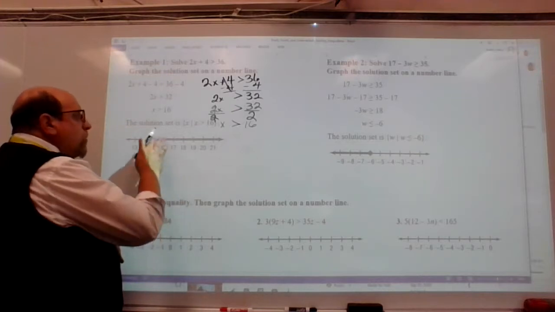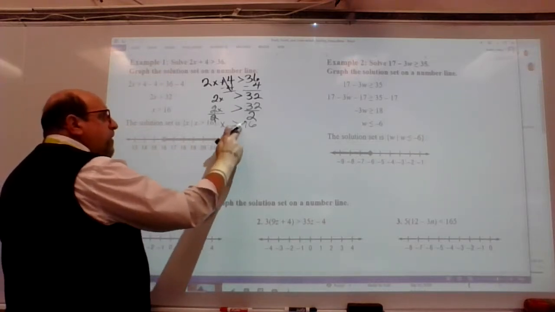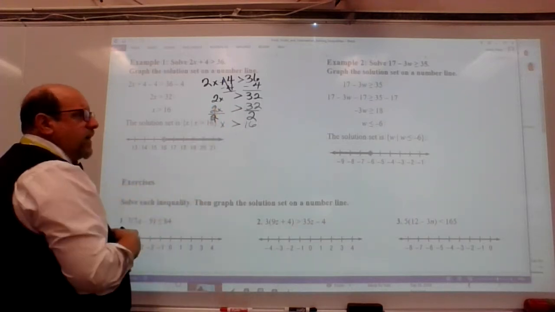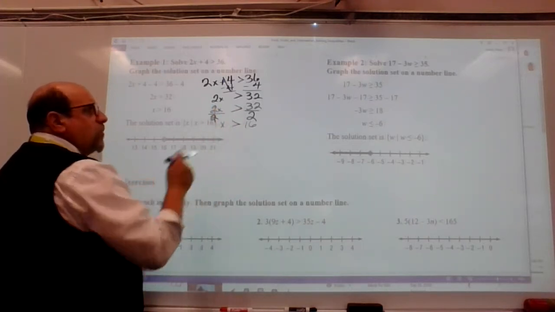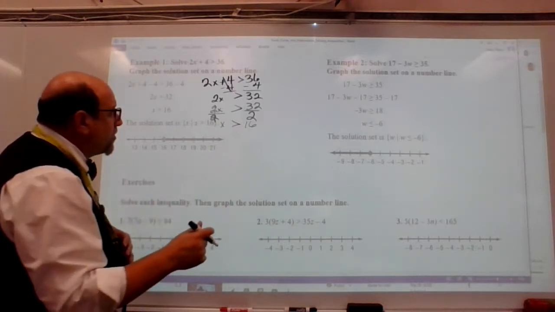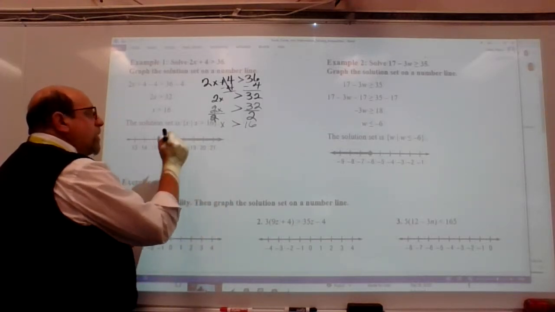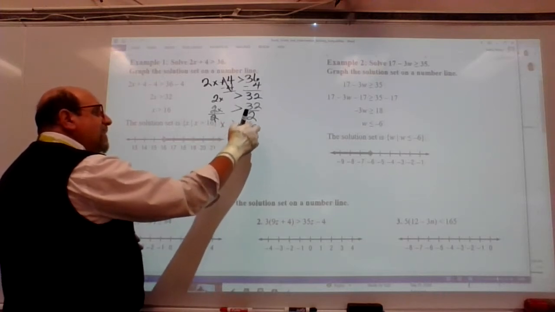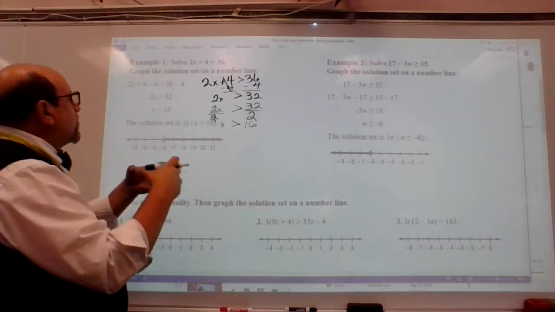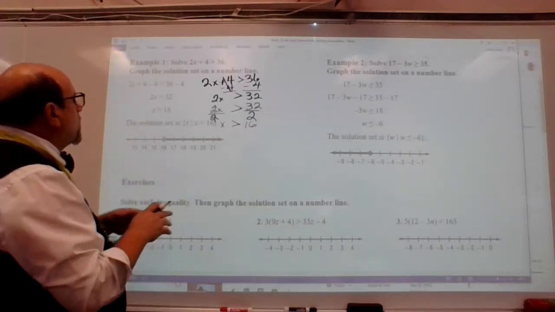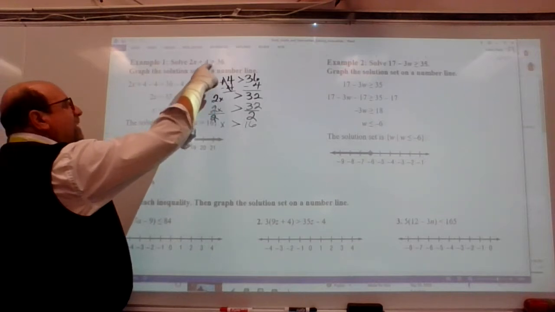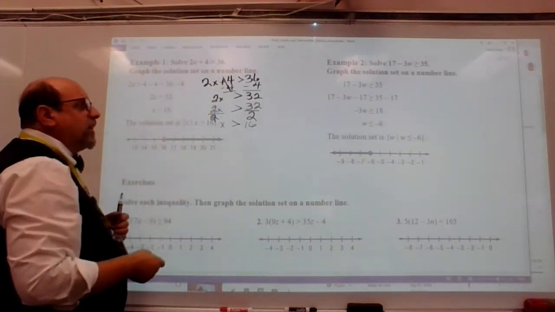Now, when we start to graph, if your inequality symbol is greater than or less than, and does not have the equal sign, then we assume that this actual number 16 is not a solution to this problem, because we're looking for a number times 2 plus 4 that is greater than 36.